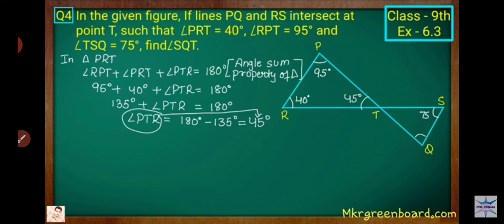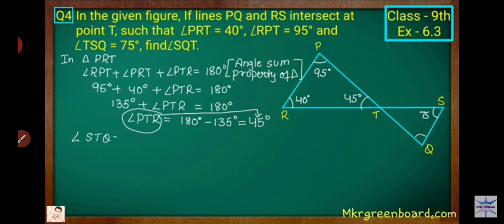If it is 45 degree, see the figure carefully. These are vertically opposite angles. So if this is 45, this will also be 45. STQ will also be 45. Understand? Because they are vertically opposite angles, and we know that vertically opposite angles are always equal.